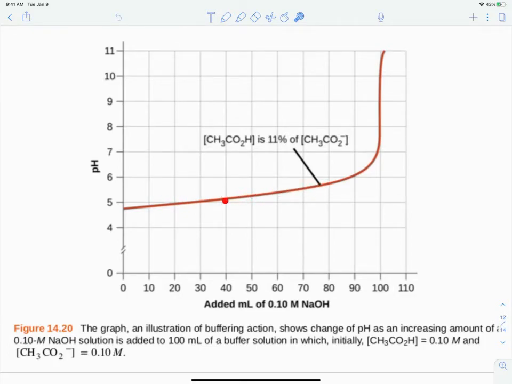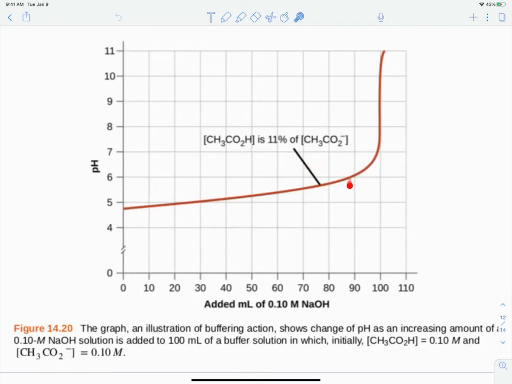You keep adding sodium hydroxide, but the pH doesn't change much. Then at one point, just around about here, the buffering capacity is exhausted. And when the buffering capacity is exhausted, all you have to do is add another, in this case, 2 milliliters of sodium hydroxide, and the pH just skyrockets and becomes extremely alkaline.